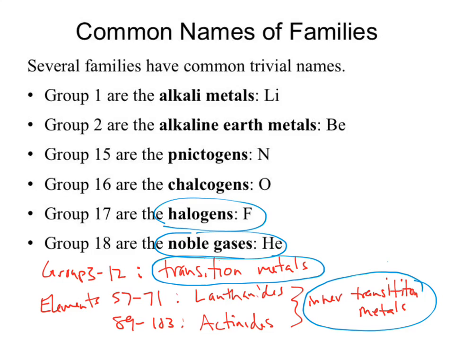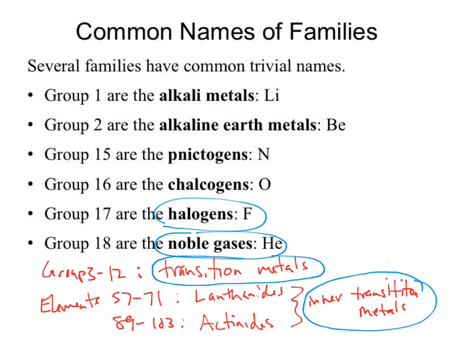The alkali and the alkaline earth metals, in all honesty, probably any professor in this class would have you memorize that, but I've always gotten them backwards and can't seem to remember which one's which. So if I can't remember it and it's something that I find kind of pointless to memorize, I won't make you responsible for it. Okay.